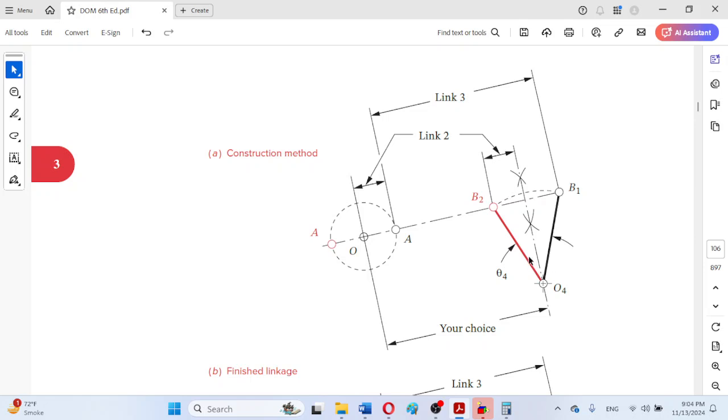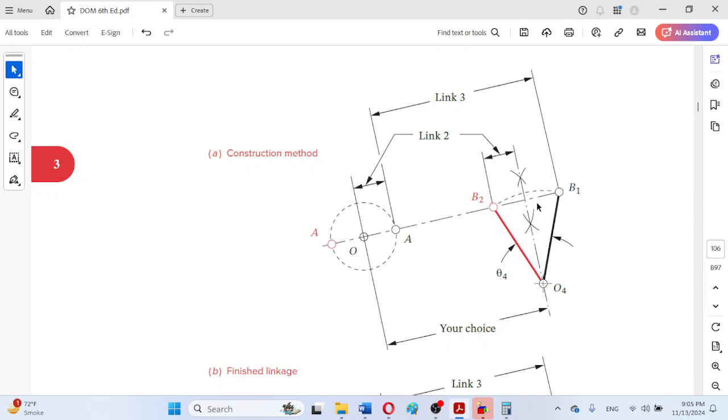What we do is picturize or place the rocker link between two extremes, B1 and B2.